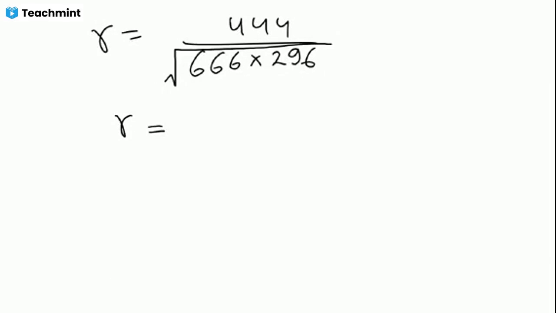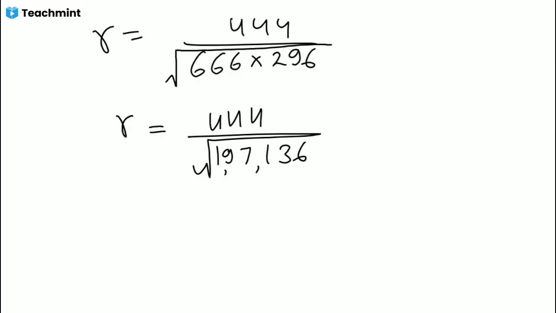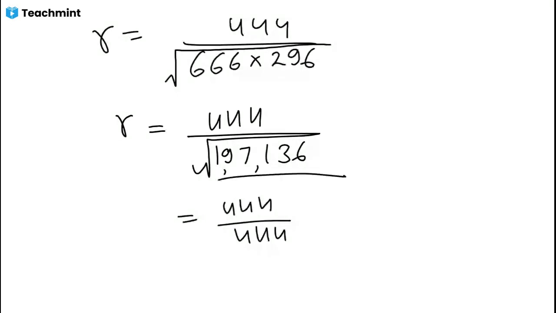The product of 666 into 296 is 197,136. Now let us find the square root of 197,136. Yes, we have 444 only. So the correlation coefficient is 1.